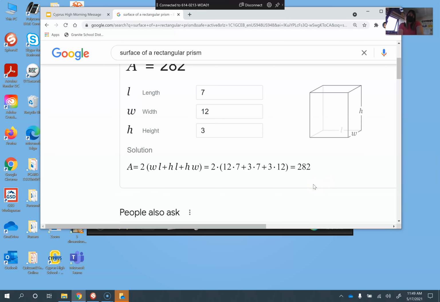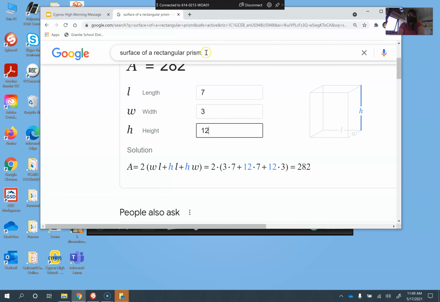The true story is it doesn't really matter what you enter as what, because I got 282 still, and that's what I got here. But yes, if I'm following this picture, my length is 7, my width is 3, and my height is 12.